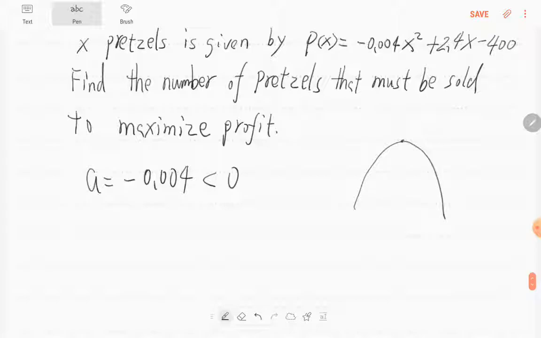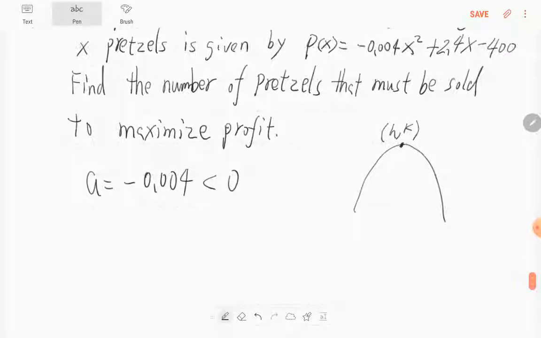It must have some highest point. The highest point gives the profit, and here's the vertex h, k. H would be the number of pretzels. The x coordinate of this vertex gives the number of pretzels that must be sold to maximize the profit. So it's very straightforward.